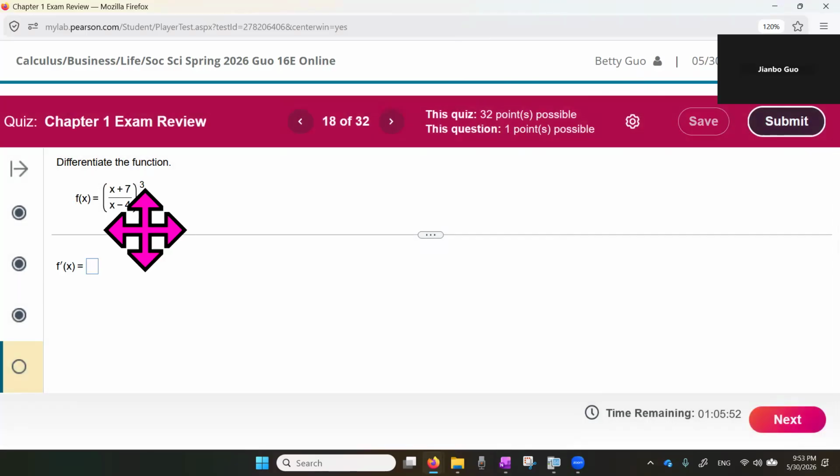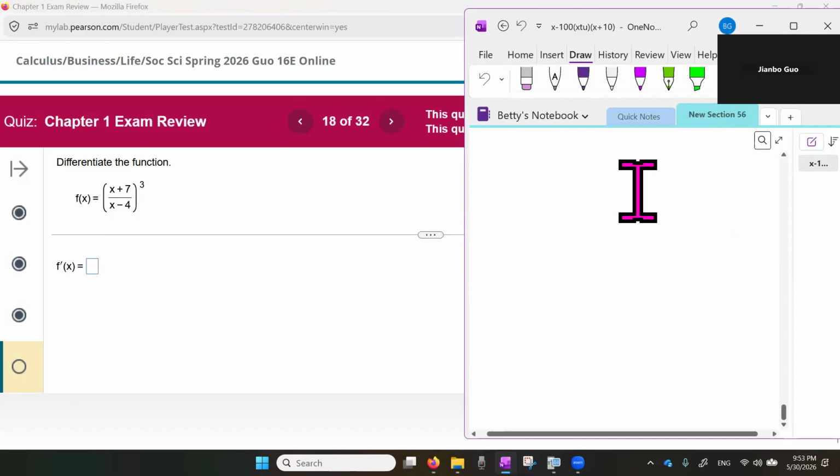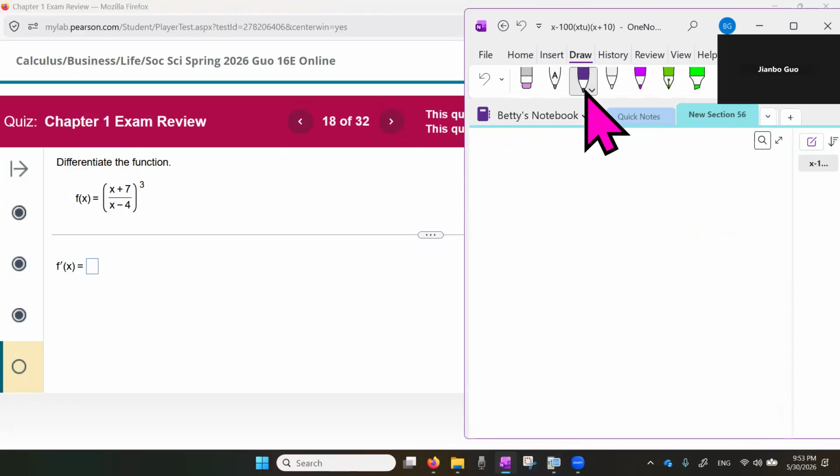Differentiate the function. Chain rule again. I'm going to use the chain rule again. Okay, so we're going to have y equals (x plus 7 over x minus 4) to the power of 3.